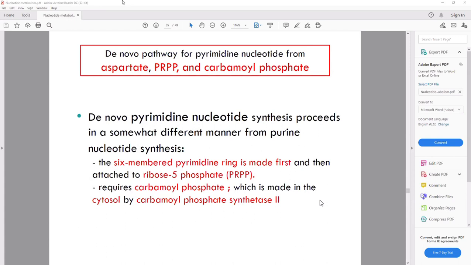So in the synthesis of pyrimidine nucleotide, it requires carbamoyl phosphate, and it involves carbamoyl phosphate synthetase too.